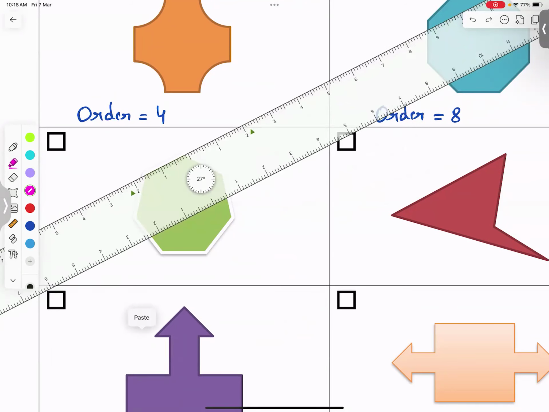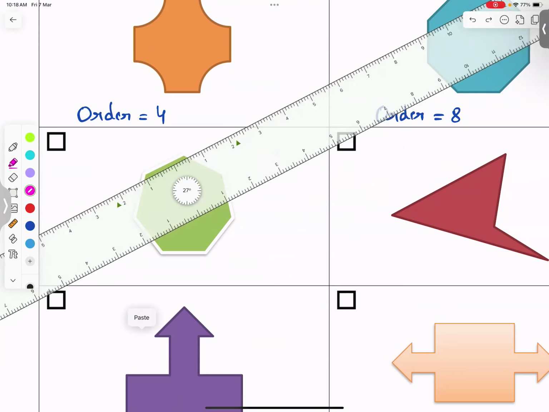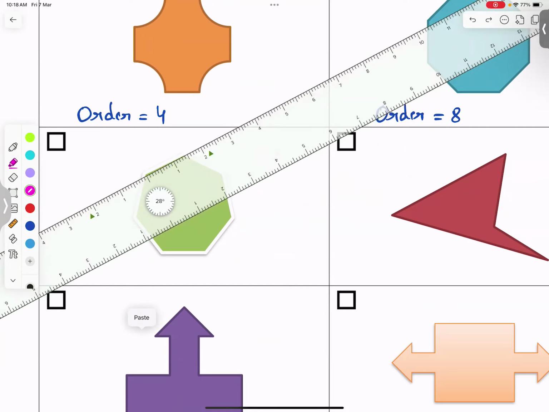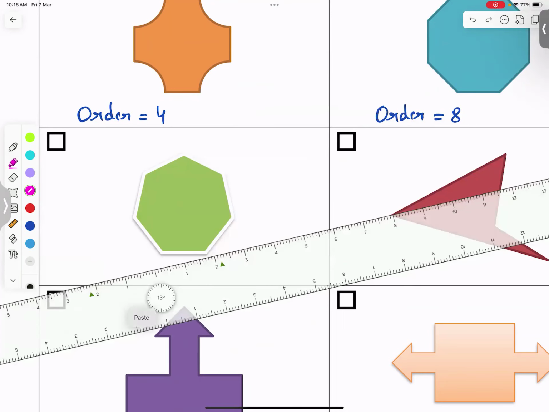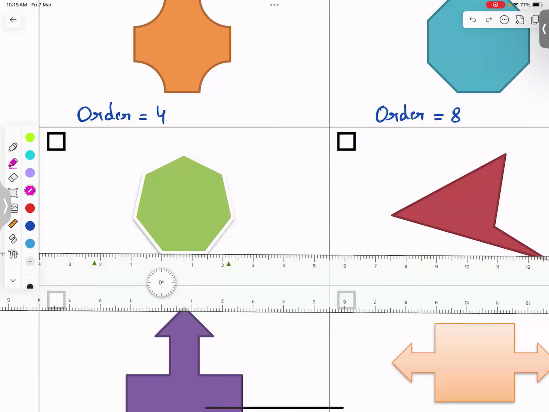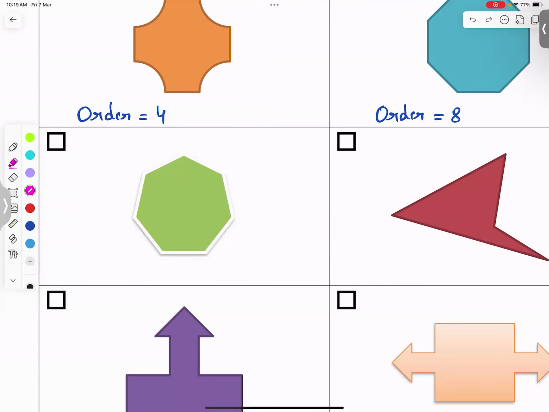It's like 1.4, and you can measure any side. Any other side also has 1.4. So all sides are equal. Normally it looks like it's not the same, but when I measure and observe, it is the same. So it has rotational symmetry.